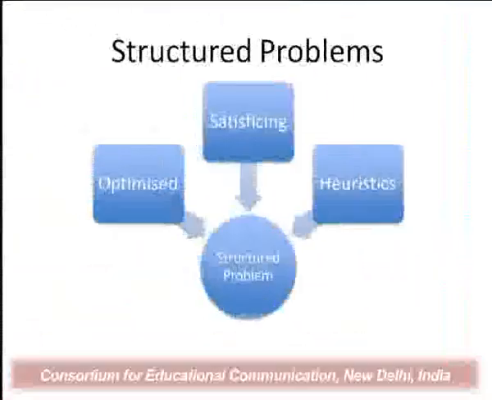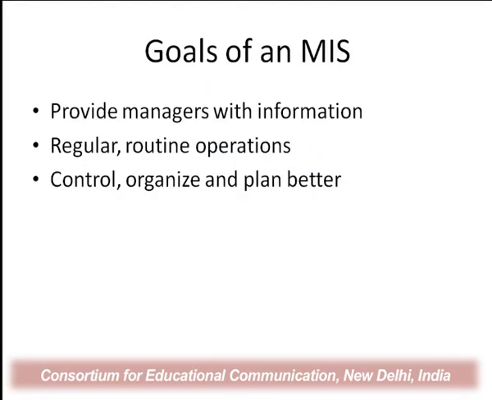And the third is heuristics, that is, the user can use his intuition or his past experience or his knowledge to come to a decision with a structured problem. So, structured problems are rather easier to solve than unstructured problems, because they are more objective, simple kind of problems.